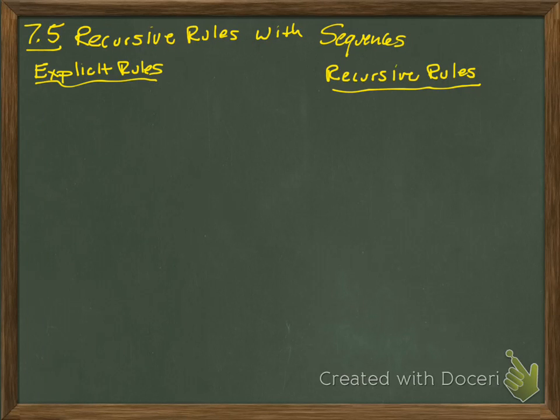In this video, we're going to look into recursive rules with sequences. So far, what you've learned to write sequences with is something called an explicit rule, which gives a sub n, your nth term, as a function of the position n.